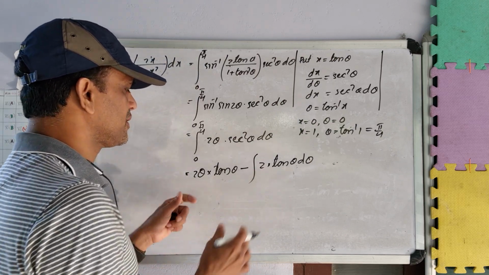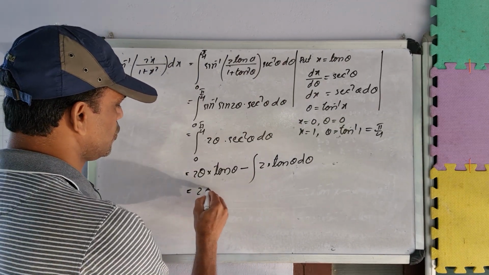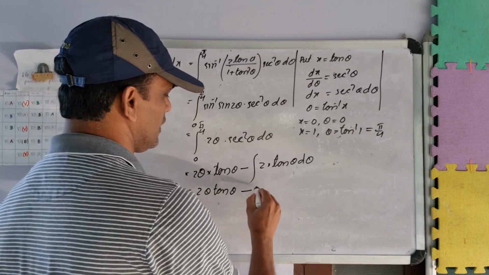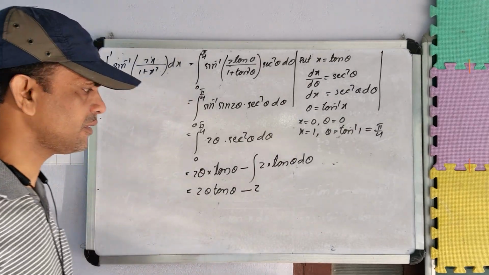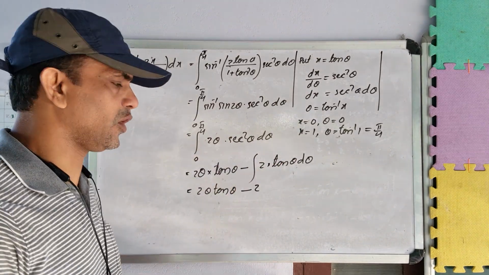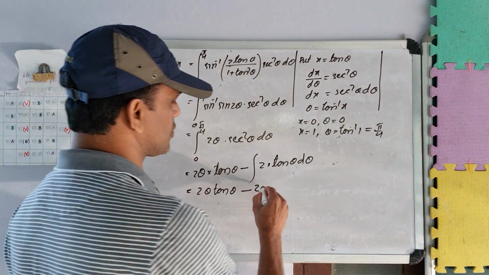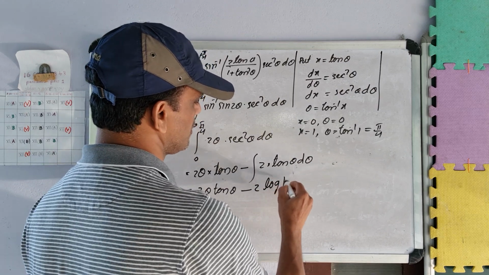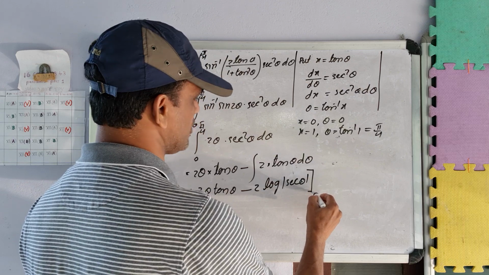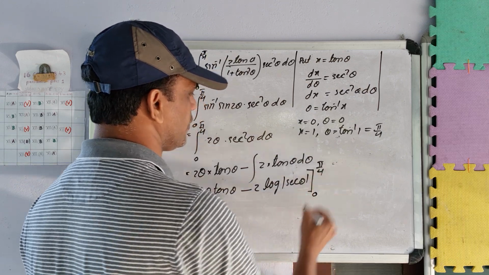And in this step, I'm not writing any limit. That equals 2 theta tan theta minus 2, a constant which we take out, times the integral of tan theta, which is log mod sec theta, and the integration is over the limits 0 to pi over 4.